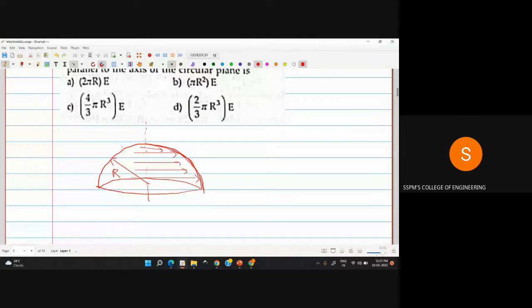The lines of electric field pass through only this surface area, आणि तेच काढायचं आपल्याला अकॉर्डिंग टू डेफिनेशन.